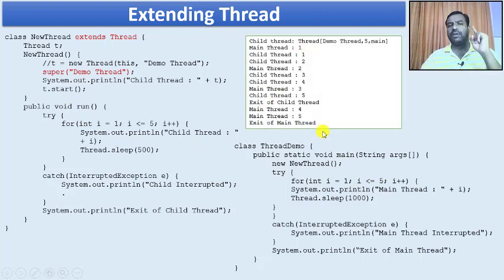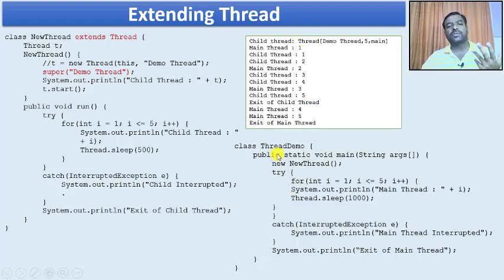And one more very important point: whether it's extending Thread or the Runnable interface, the output I am showing here can vary from system to system. If the CPU is given in round robin, the output can change.